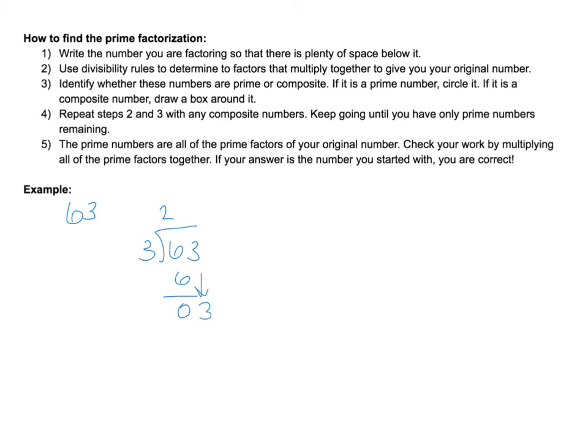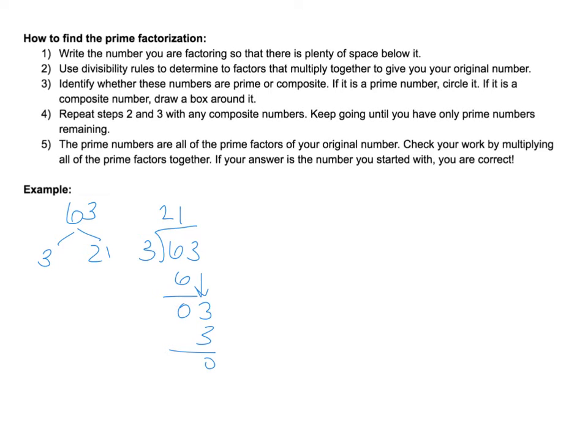If I bring down this 3, 3 goes into 3 one time, and that leaves me with 0 remainders. So I know that 3 times 21 would give me 63. So I'm going to write that just below 63. And I'm creating a factor tree here. Some of you may have learned about this in elementary school.